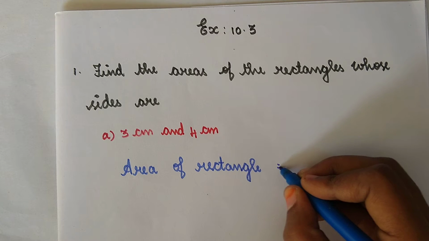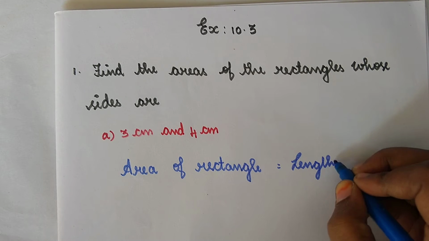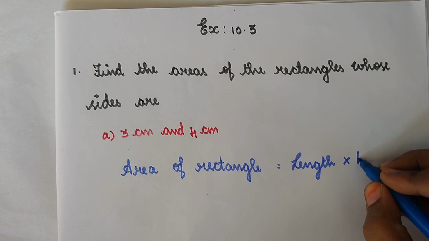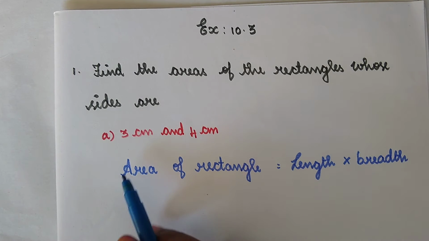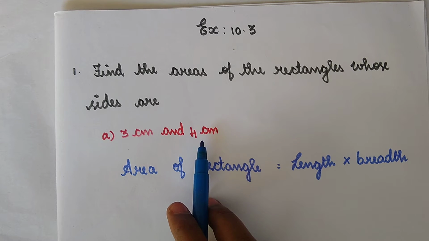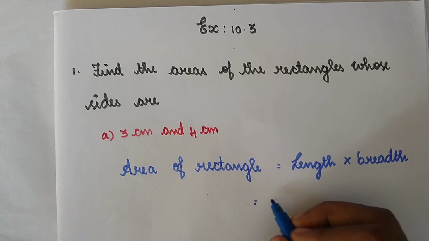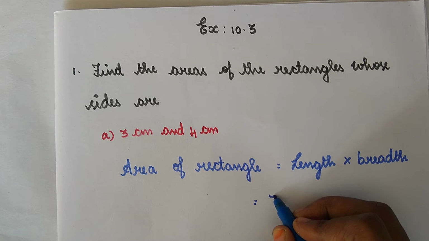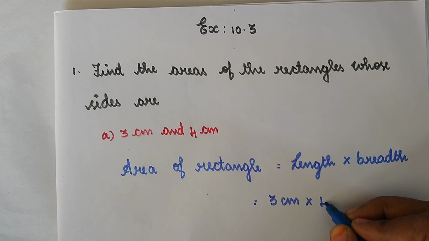Area of rectangle equals length into breadth. Here length represents 3 centimeter and breadth represents 4 centimeter, so we substitute the values.